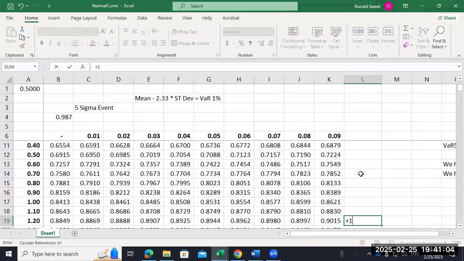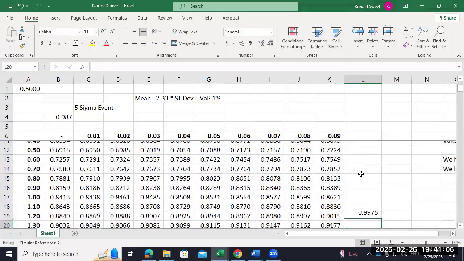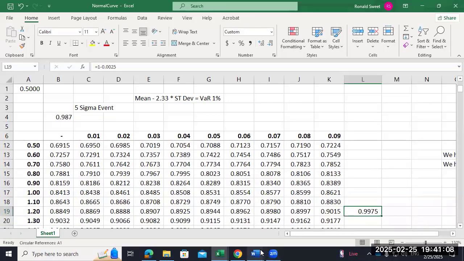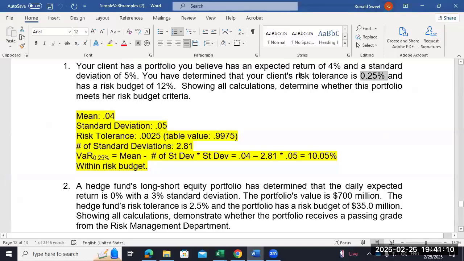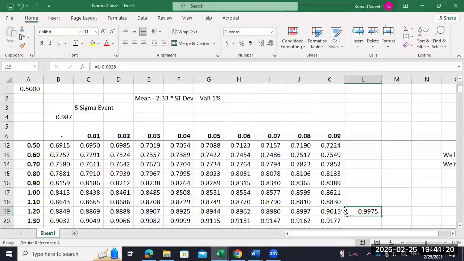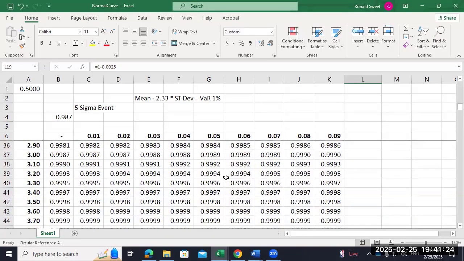So you take 1 minus 0.0025, right? The risk tolerance is 0.25%. Make sure you convert percents into decimals. So 0.25% is 0.0025. You take 1 minus 0.0025, that's 0.9975.